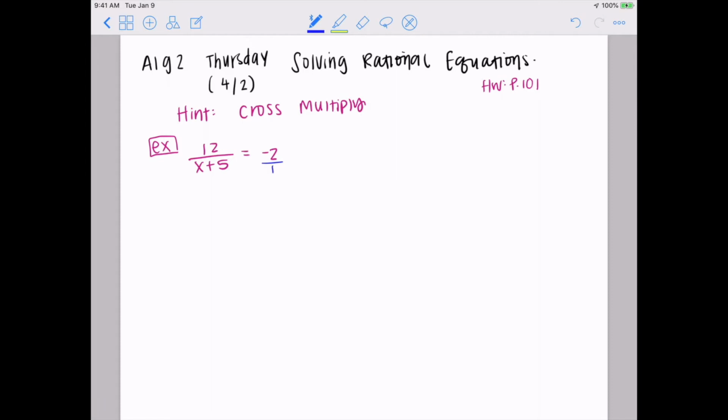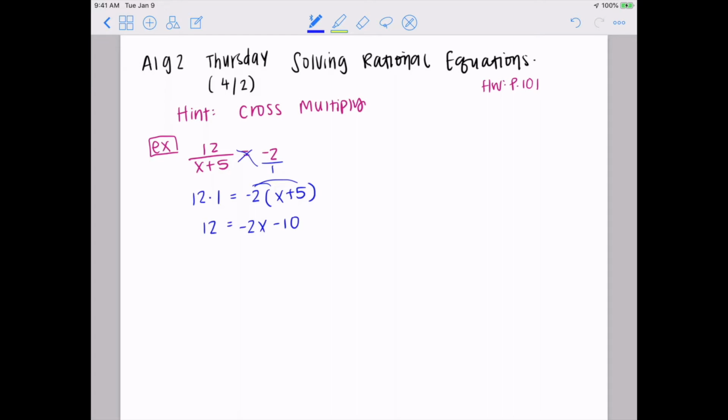Okay, and you can just cross multiply. So we have 12 times 1 equals -2 times x plus 5. And then we have 12 equals, and multiply that in, we get -2x minus 10. Keep solving for this, then you should be able to get your answer.